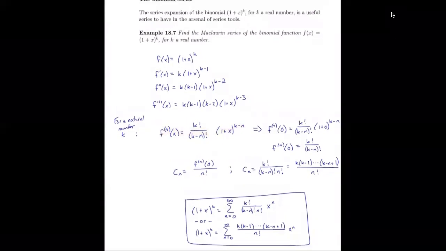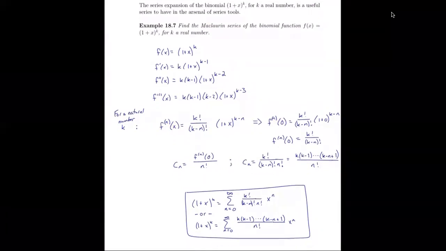It's a Maclaurin series, so we're going to let x be equal to 0 and evaluate the nth derivative of f at 0, as we see here, to come up with part of our coefficient c sub n. So when x is equal to 0, we have 1 plus 0 as our binomial. That's just 1. 1 to any power is just 1. So this simplifies to just this term, the k factorial over k minus n factorial.